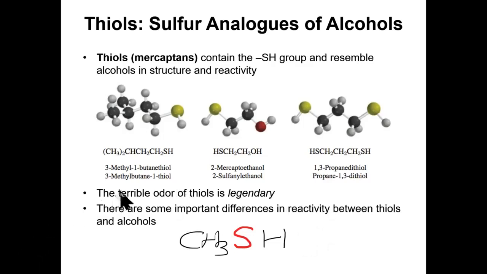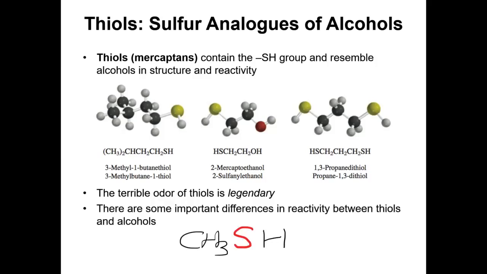So if there's a leak, you will immediately smell it. If you smell natural gas, it's not because of the natural gas; it's because the natural gas company purposely added a small amount of methanethiol. That makes a leak very easy to detect. That's one of the interesting properties of thiols.